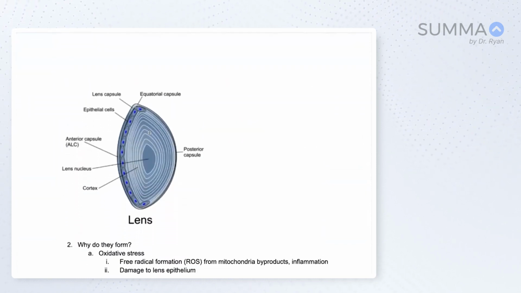And as you can see, what seems like just a transparent set of hardened capsulated cells is actually quite complex. It has this anterior capsule, which is this area of cells that, as the term implies, encapsulates the lens.